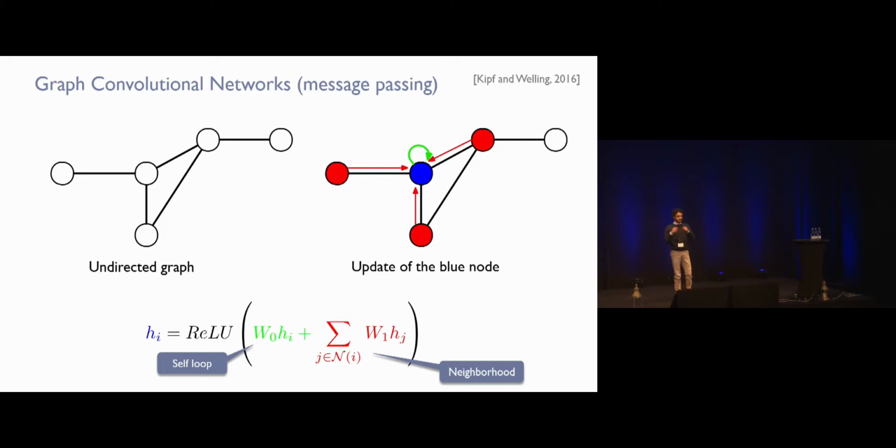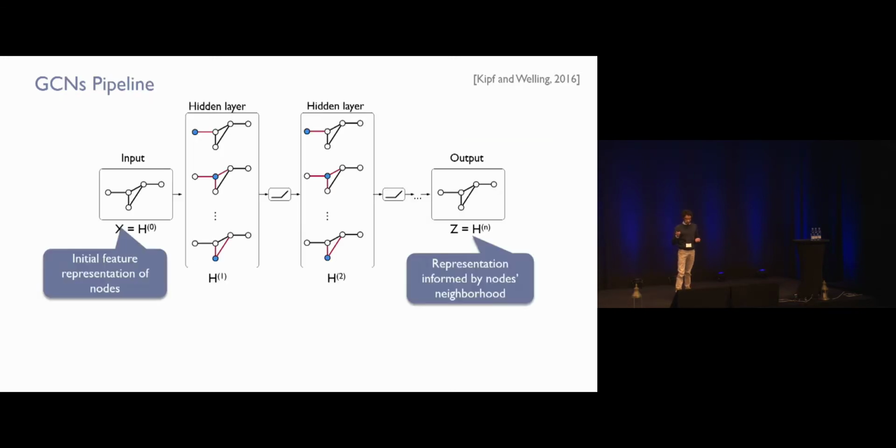We sum all these messages, and then we pass it through some nonlinearity, and we have the new representation of the node. This is an update for a single node, but we have to do it for each node in the graph, right? So let's start from the beginning. We have an initial feature representation of nodes, and what we do is independently send messages for each node.